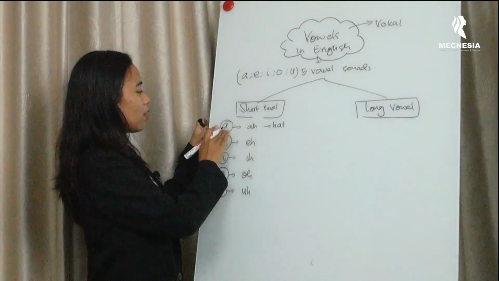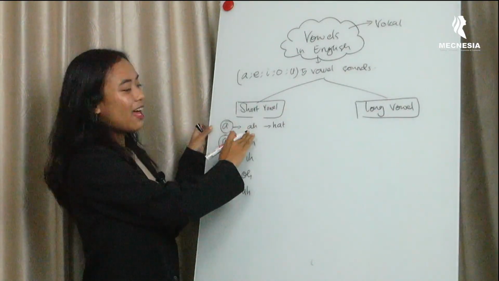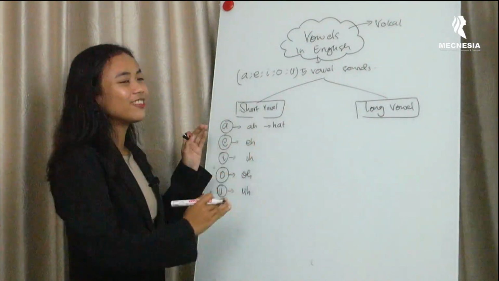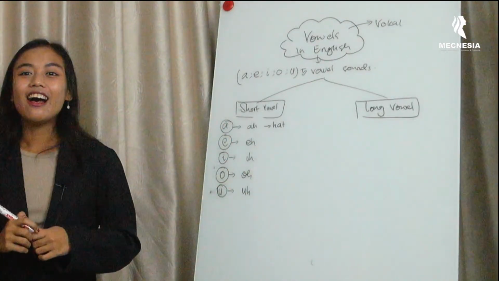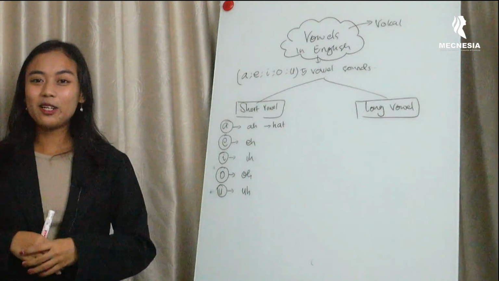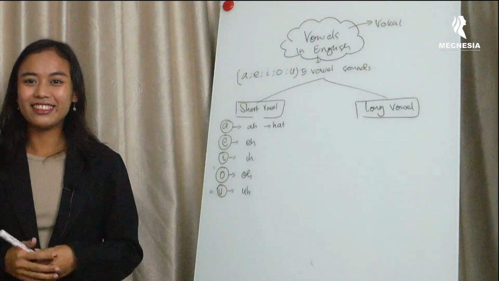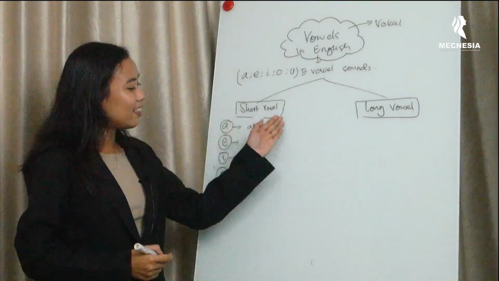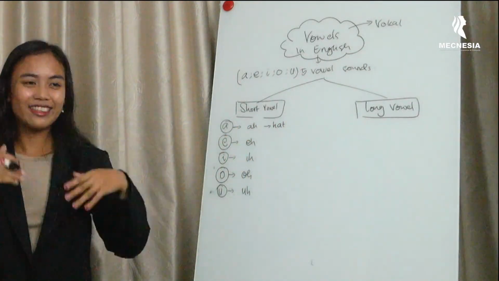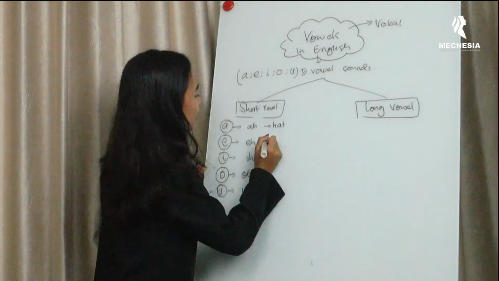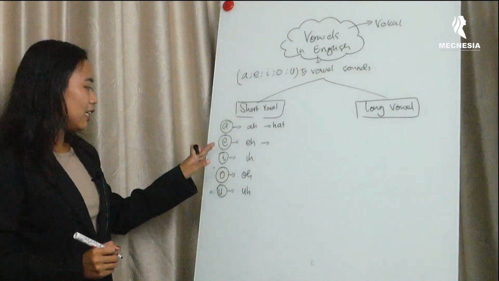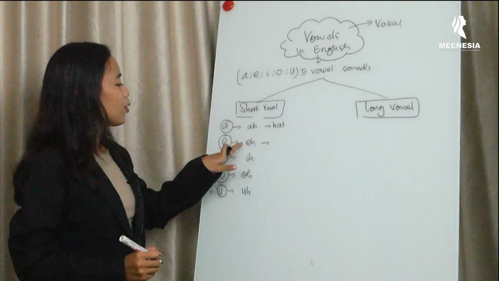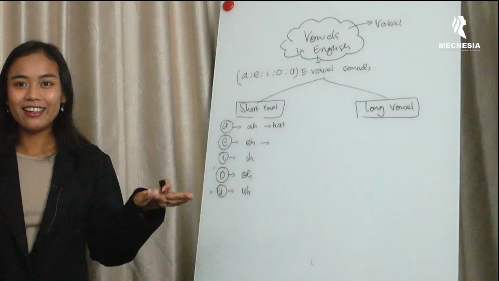Okay, remember how this pronounced? So it's hat. Let's pronounce it together. Hat. Hat is topi. The next one is the letters E. We pronounce it eh.